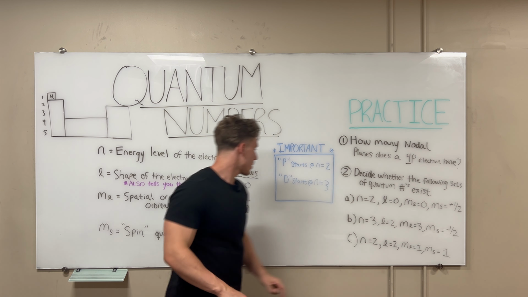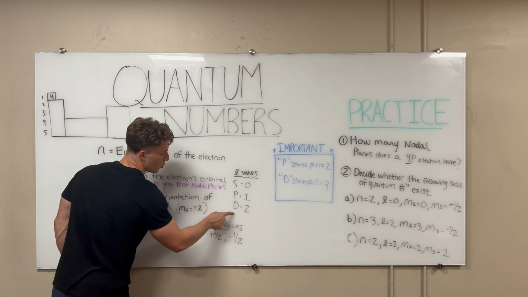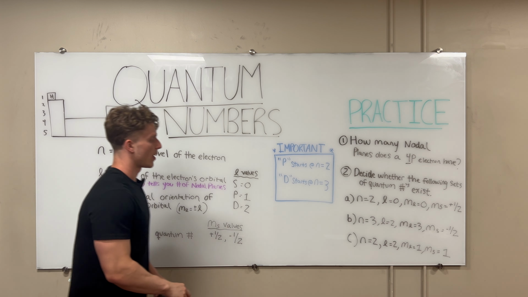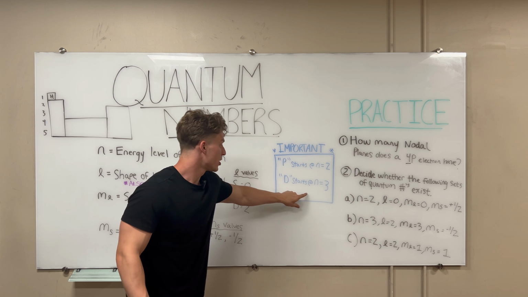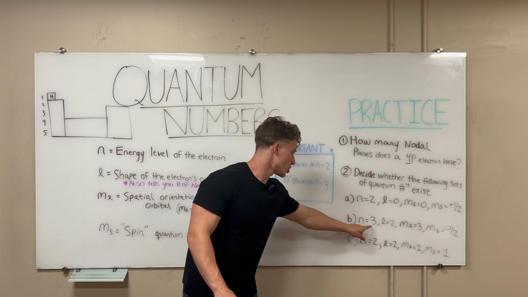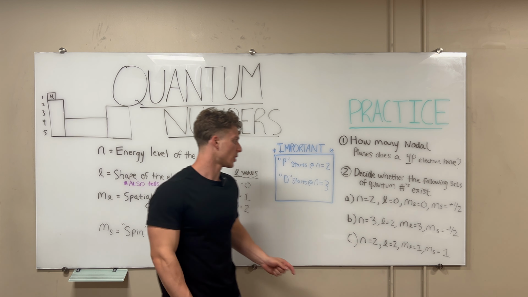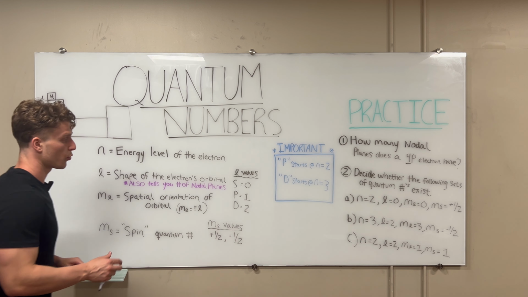Okay, now we have n equals 3, so we're dealing with an n equals 3 electron. L is 2. So that means that we're dealing with a 3d, right? If the L is 2, that is a d electron. We're dealing with a 3d electron, which does work because d starts at n equals 3. Now, if this was a 2, that would not work because there's no such thing as a 2d or a 1d electron. However, if we look at the m sub L, the m sub L is 3 here.